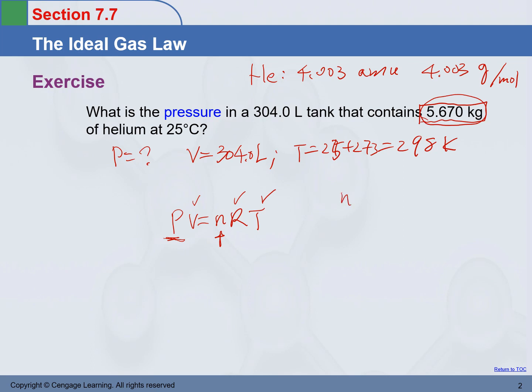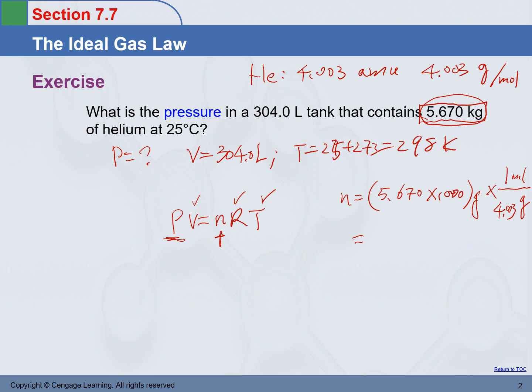So n moles will equal the mass in grams, 5.670 times 1,000, converting kilograms to grams. Then we need to multiply it by a conversion factor so that we can get moles. So moles will be on the top, grams will be at the bottom, 4.003 grams, 1 mole.